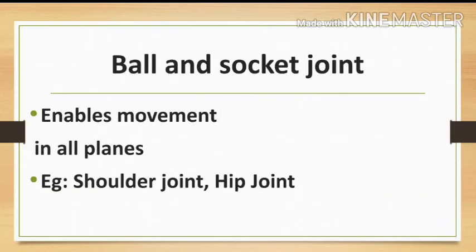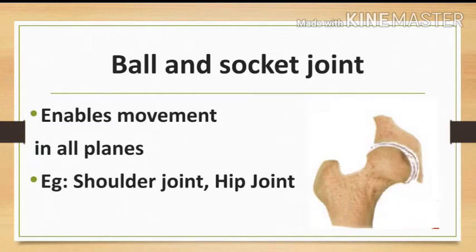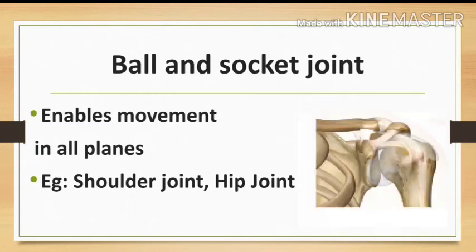The third type of joint is known as ball and socket joint. It got the name because the bones in the joint resemble a ball and socket. It enables movement in all planes. Examples are shoulder joint and hip joint.